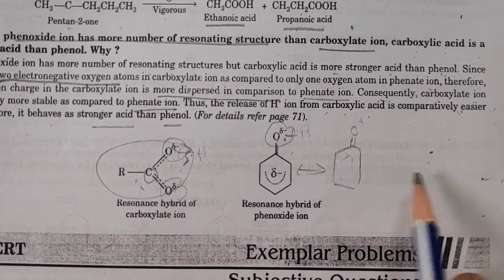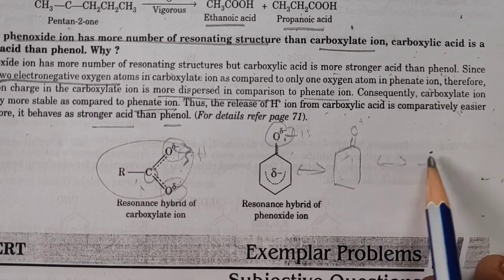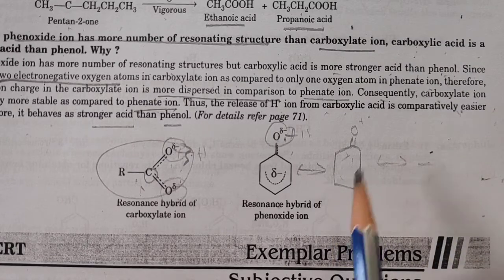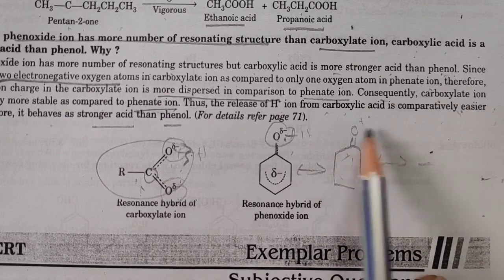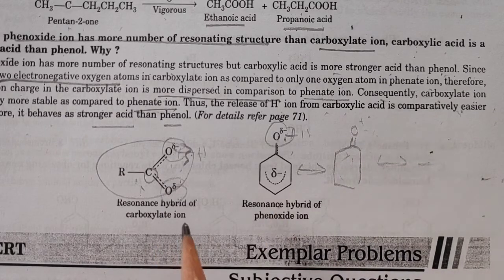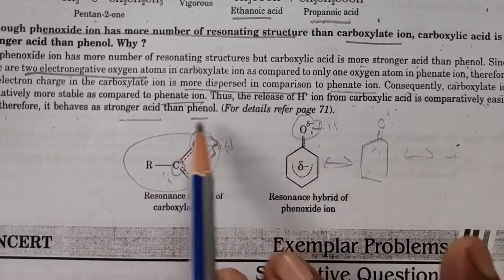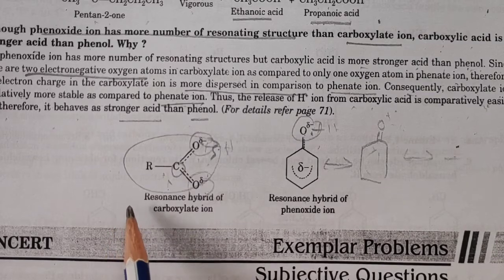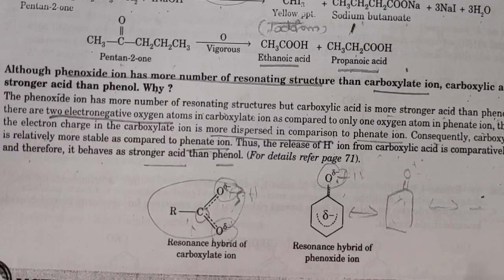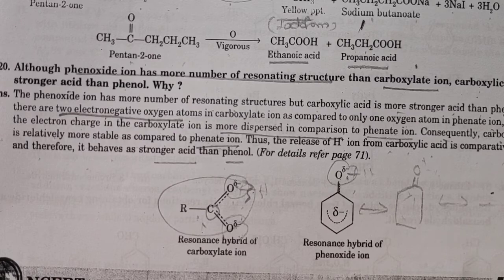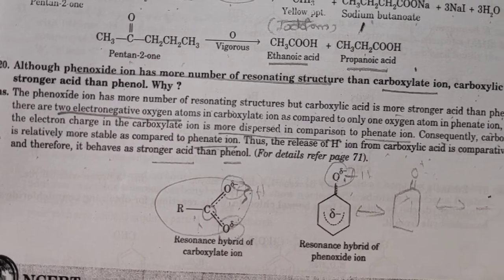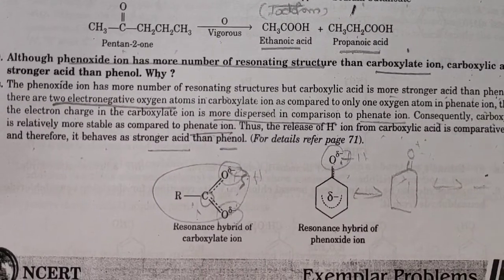And like that it keeps on changing, and you will see more resonance, so the stability will be more, and due to stability the release of H will be more difficult in phenol compared to that of carboxylic acid. That's why carboxylic acids are stronger acids than phenol. Understood this part? So here we come to an end of all this exercise question. In this part we will go through other questions if any are left out.